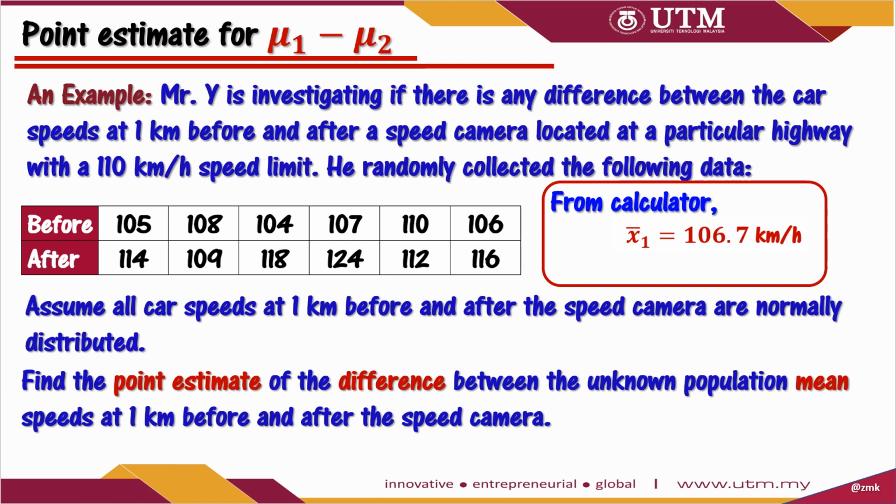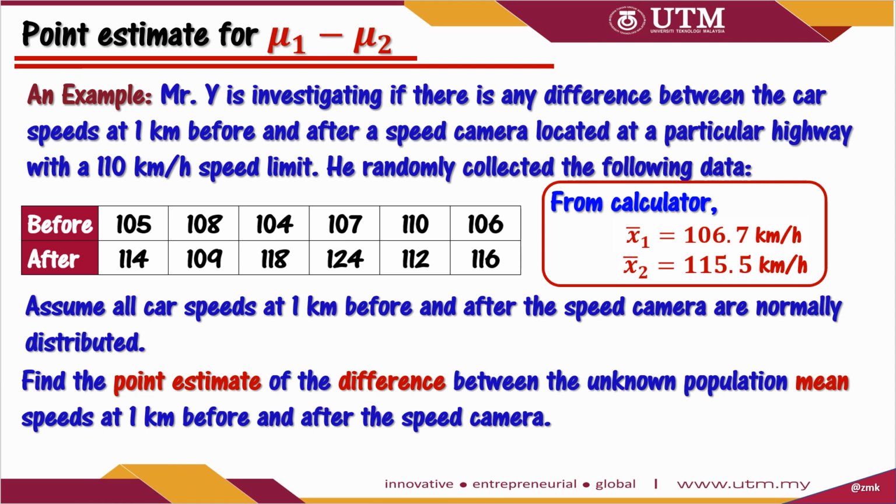What about x bar 2? Do you get 115.5 kilometers per hour? If you do, your answers are correct. Remember, x bar 1 is the point estimate for mu1 and x bar 2 is the point estimate for mu2.